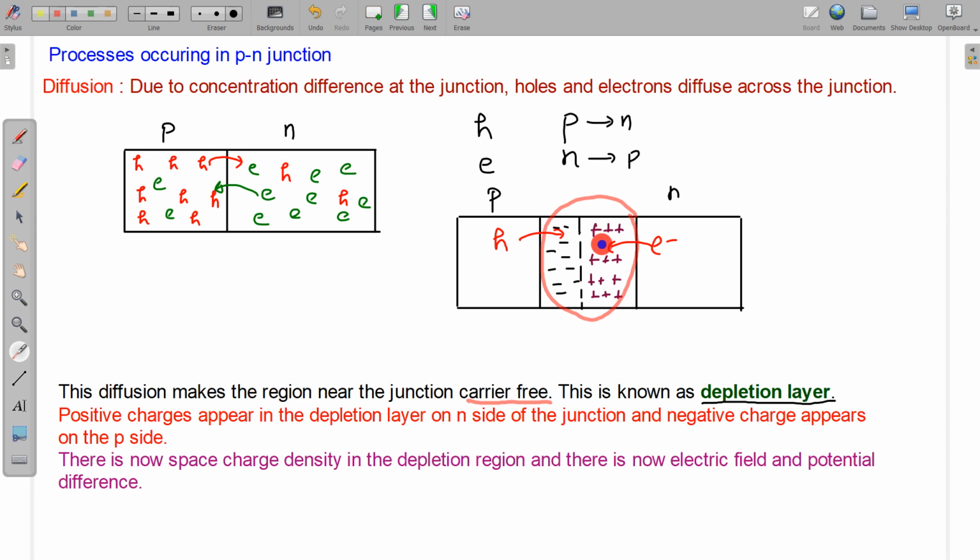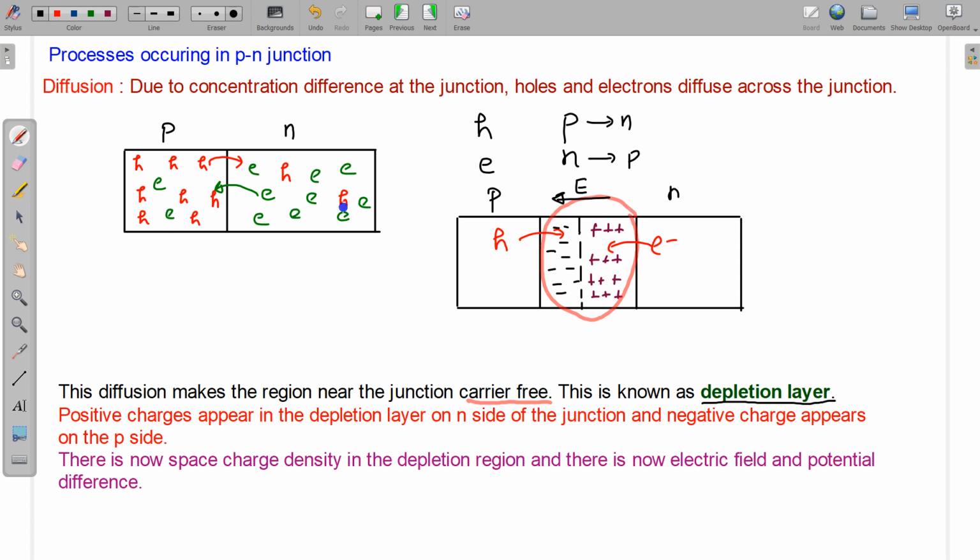Since there is a charge separation, plus and minus are created, and due to this there will be an electric field from positive to negative charge. So this is the electric field created, and this electric field multiplied by some distance will give you a potential difference. So there is a potential difference across the junction.